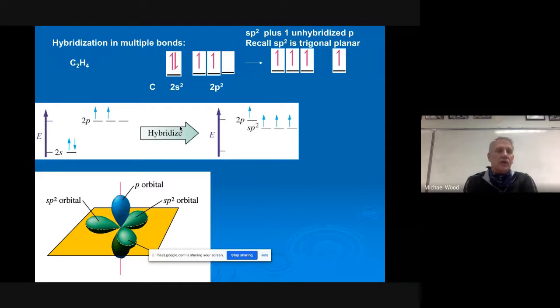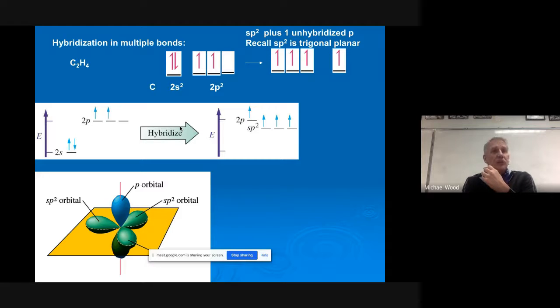This is where I'll start on the lesson I'll post on Monday, and I may need to explain this some to you guys on Tuesday. But in a multiple bond, so I'm talking about a double bond or a triple bond, there's still going to be the same hybridization. We're still going to do the dots. We're still going to count the electron domains, and you'll see this in the video I'll post on Monday.